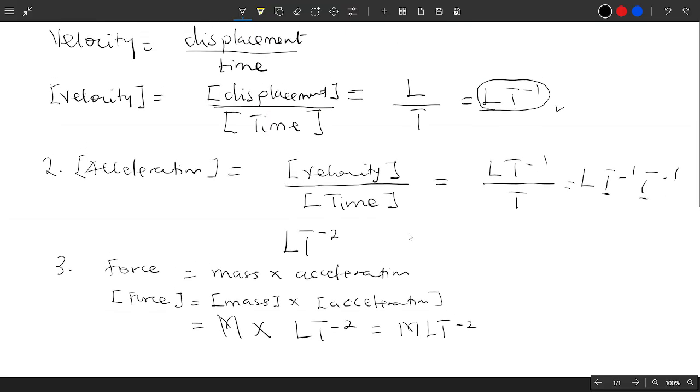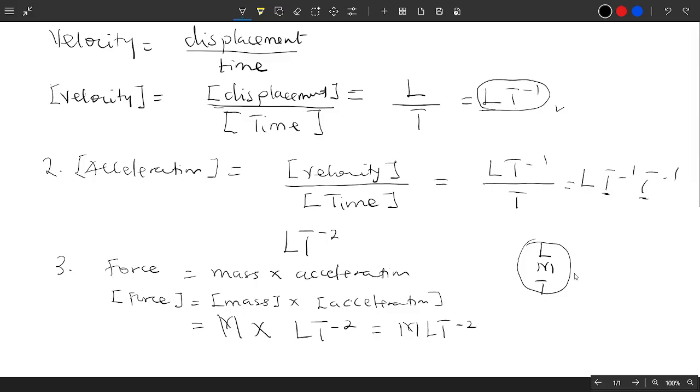So for you to be able to find the dimension of a physical quantity, you consider three things: the length, the mass, and time. Now, after knowing this, you have to know the definition for that particular physical quantity.